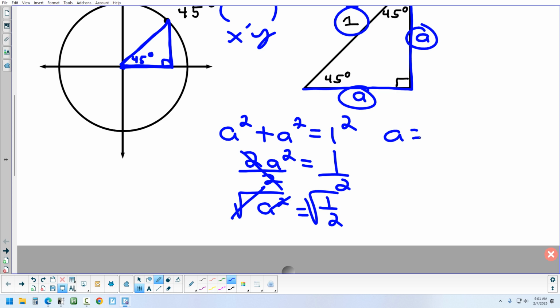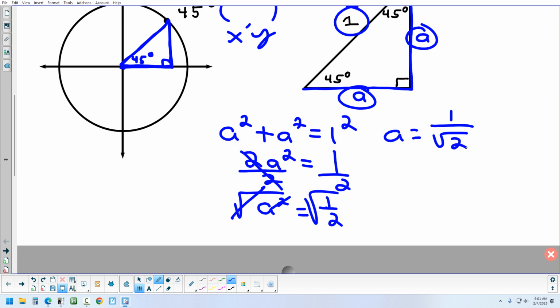And to take the square root of a fraction, you do the square root of the top number, and you do the square root of the bottom number separately. Okay. What's the square root of the top number? 1. And the square root of the bottom number, does that come out nice? No. Square root of 2. So that is A. That is the length of the bottom of the triangle and the height.